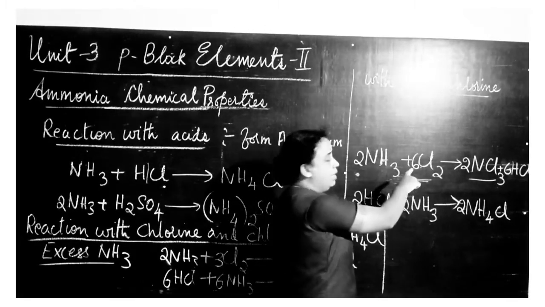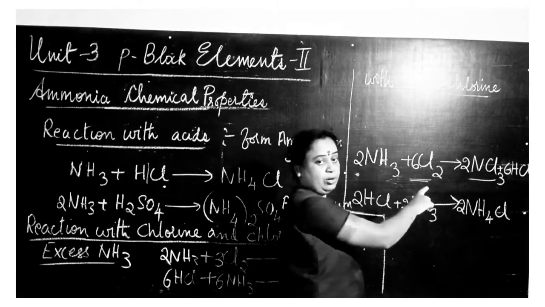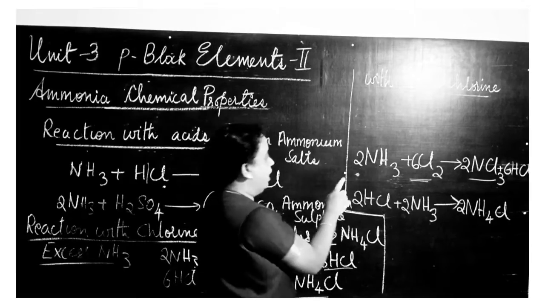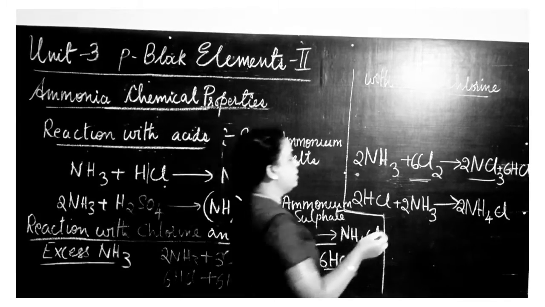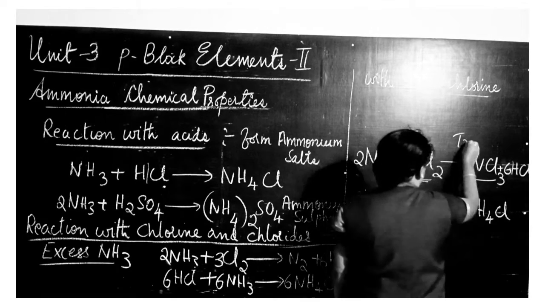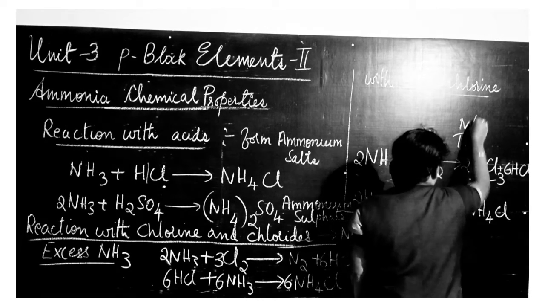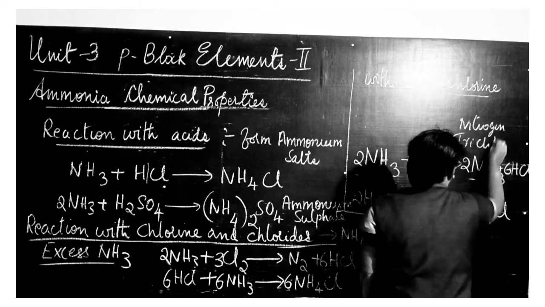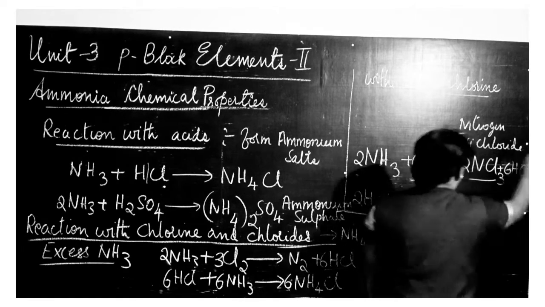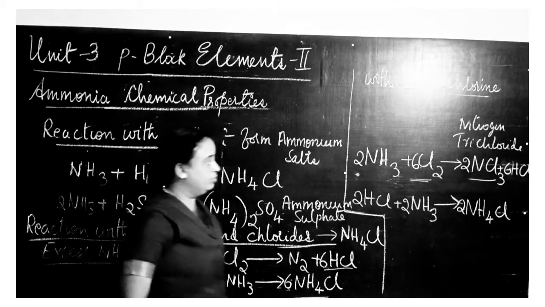So comparatively this has excess chlorine. Okay. So here when excess chlorine is reacting with ammonia, the product we get is nitrogen trichloride. So this nitrogen trichloride is a powerful explosive.